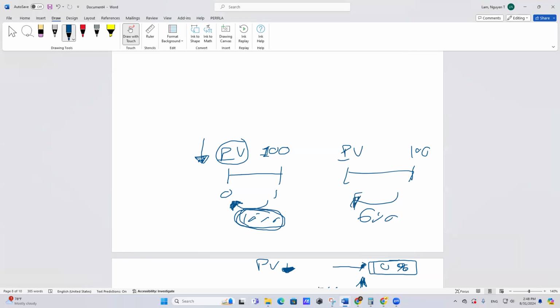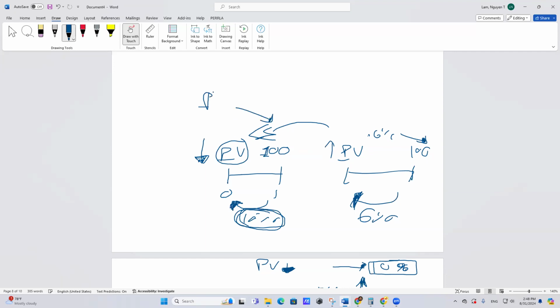This one is 6%. The present value will be higher than this one right here, because it would take more to multiply with the 6% to get to $100, right? This one would take less.